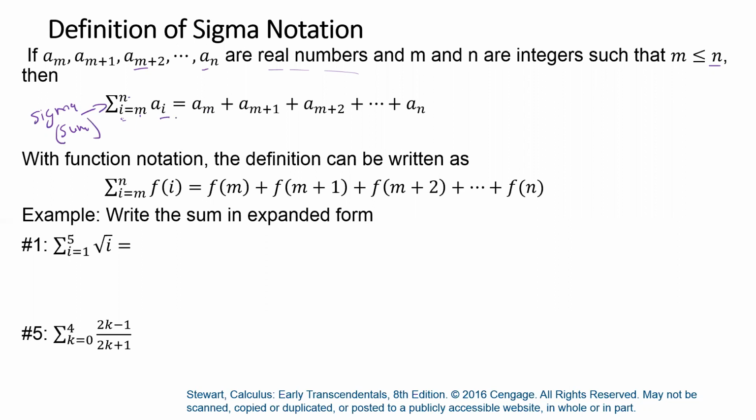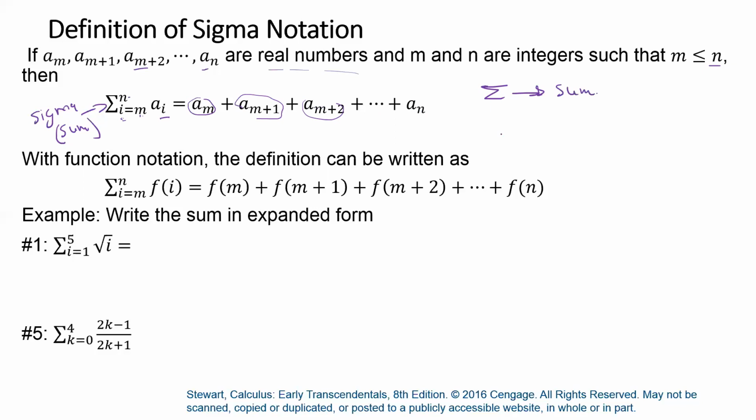So when i is equal to m, you have am. If i is equal to m plus 1, then you have the second term, then plus the third one, plus the fourth, all the way to n, and then you add all of them together. So this notation means sum.